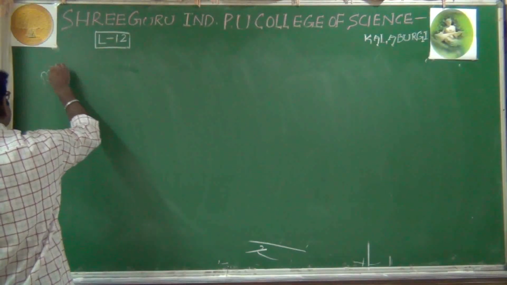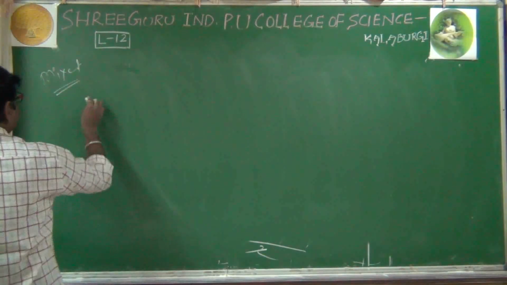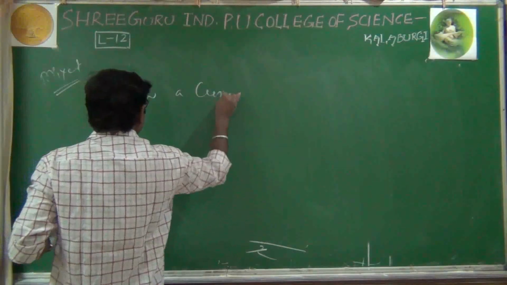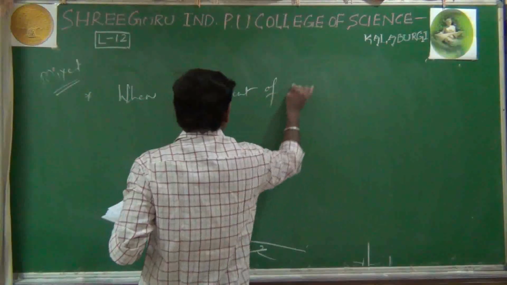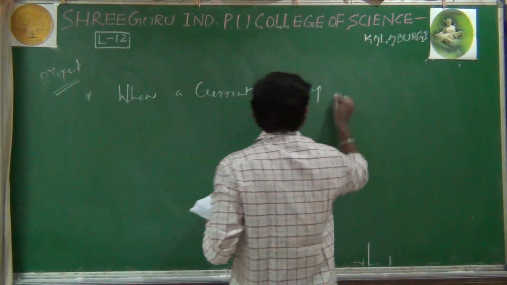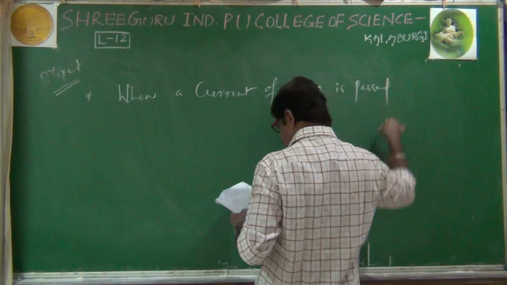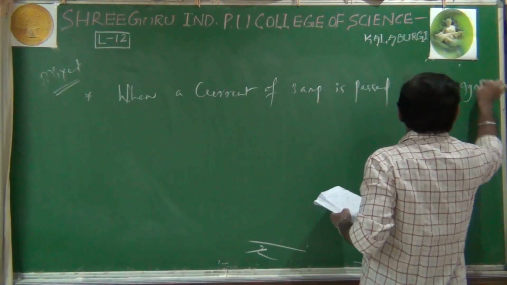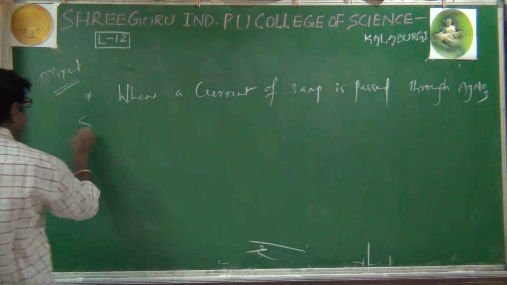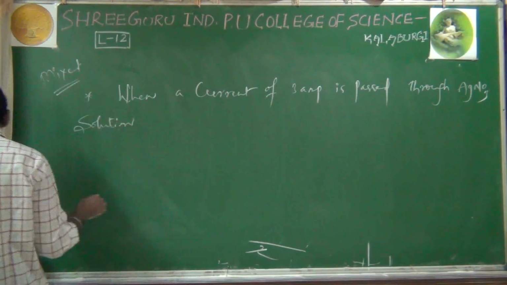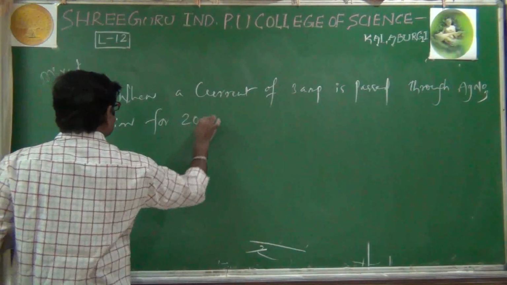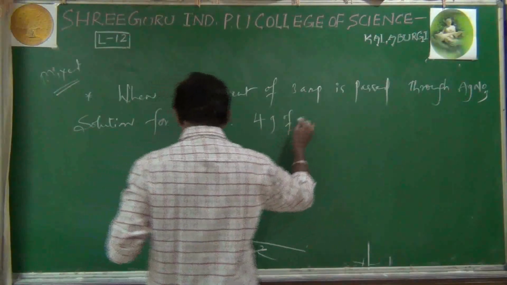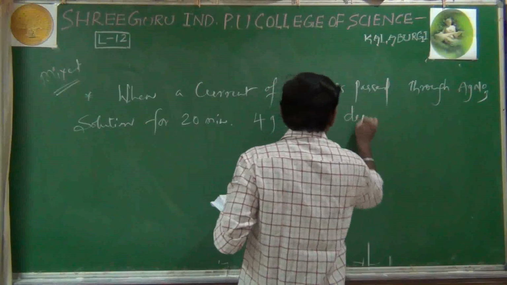Now we'll see some mixed questions. Here, the question is: when a current of 3 amperes is passed through silver nitrate solution for 20 minutes, then 4 grams of silver is deposited.